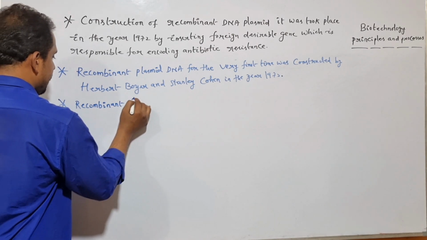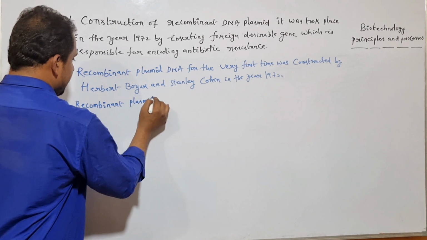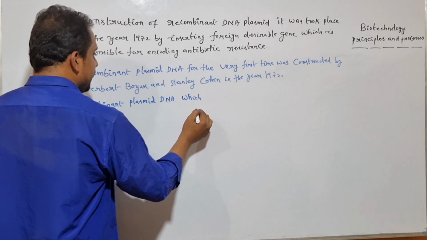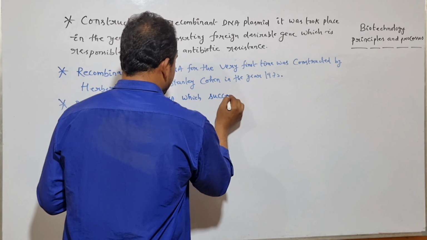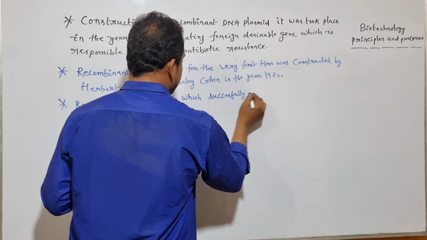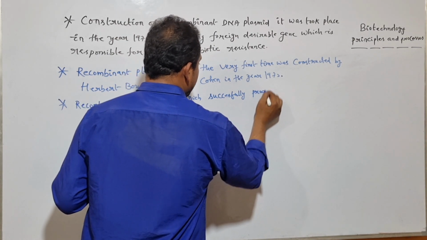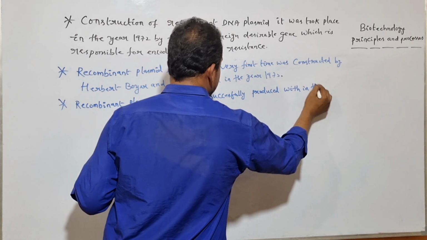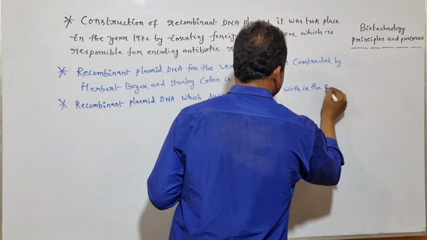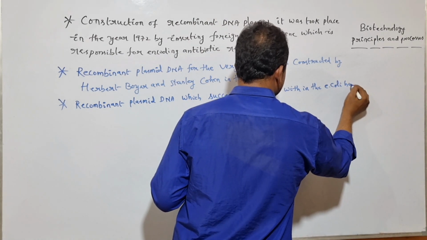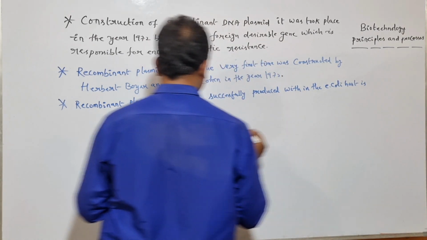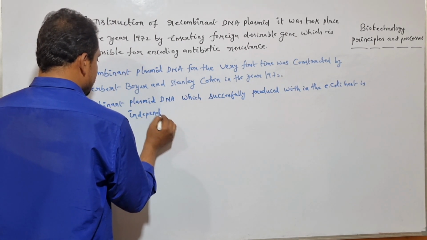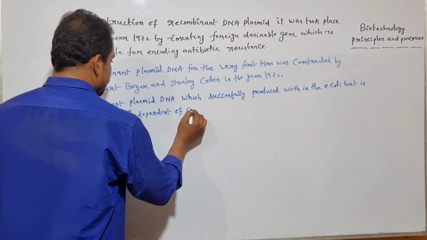Recombinant plasmid DNA which is successfully produced within the E. coli host is independent of the circular chromosome.